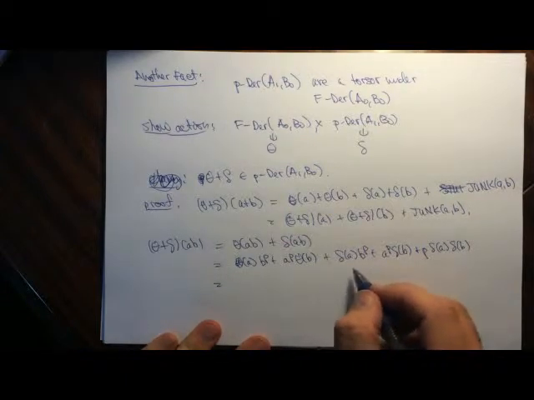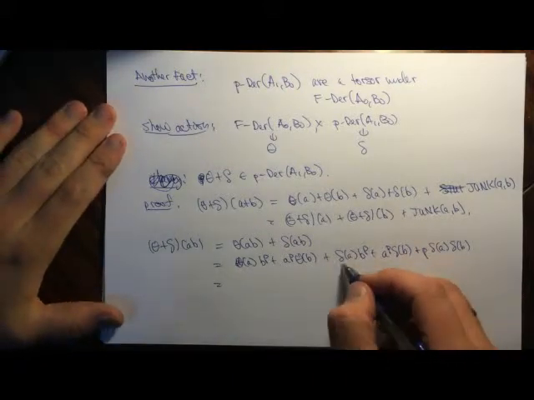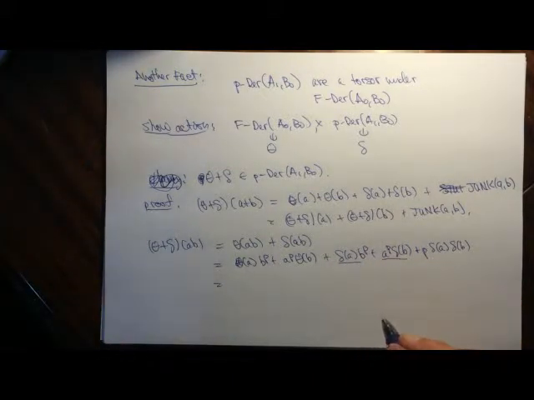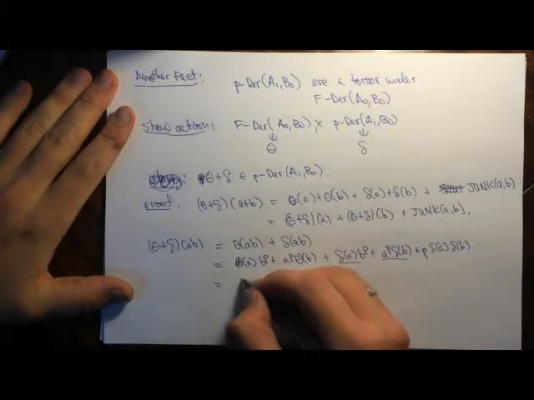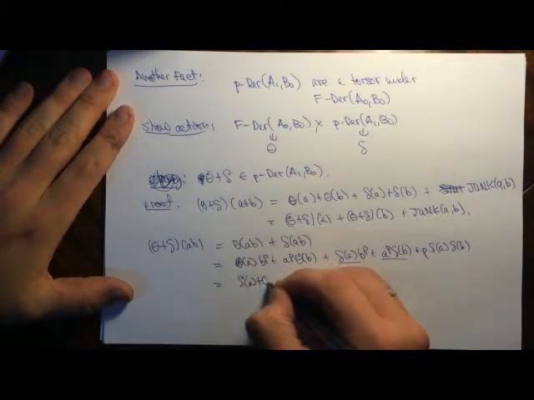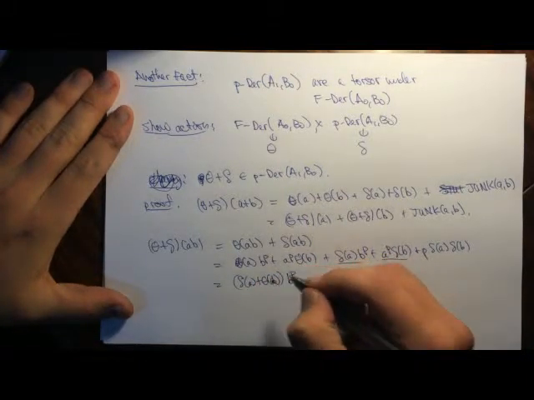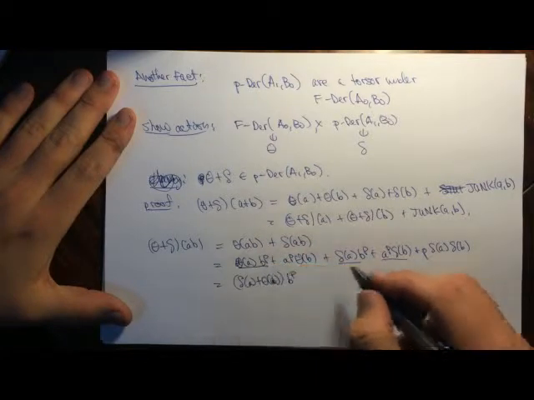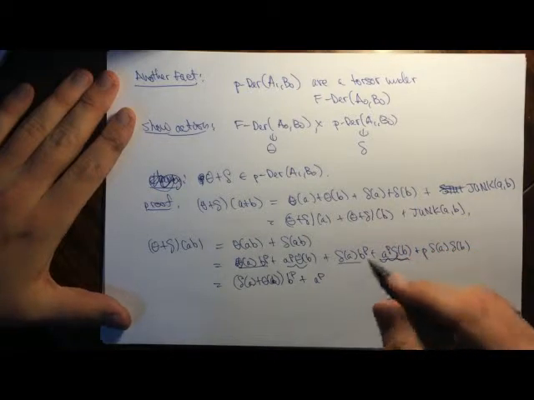Okay, and now we have to clump things. So now what do we do? So yeah, I think we will have to add a P. So here and here, let's clump this together. So this is delta of A plus theta of B, B to the P, A. Plus A to the P, then we have this term and this term.